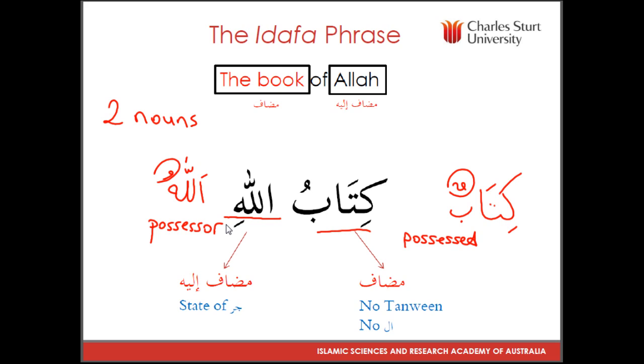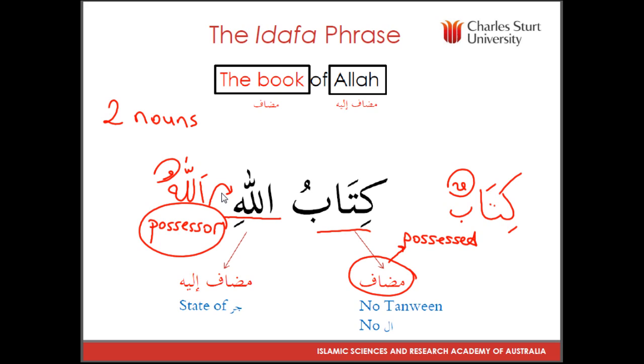Mudaf means the noun that is possessed. Mudaf ilayh is the other noun which is the possessor. In this one, that specific book belongs to Allah. It is Allah's book. So Quran is Allah's book, the book of Allah.